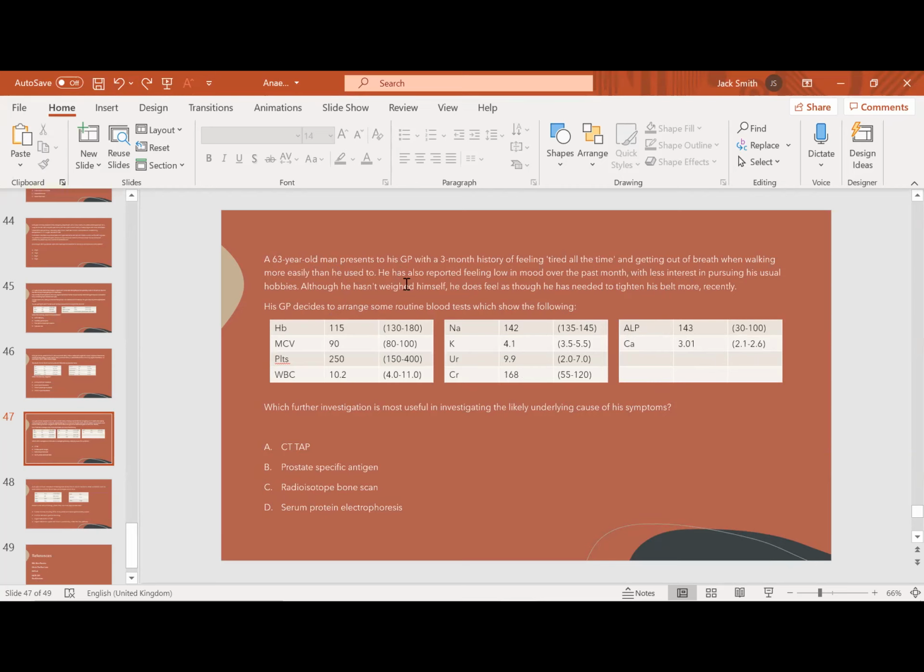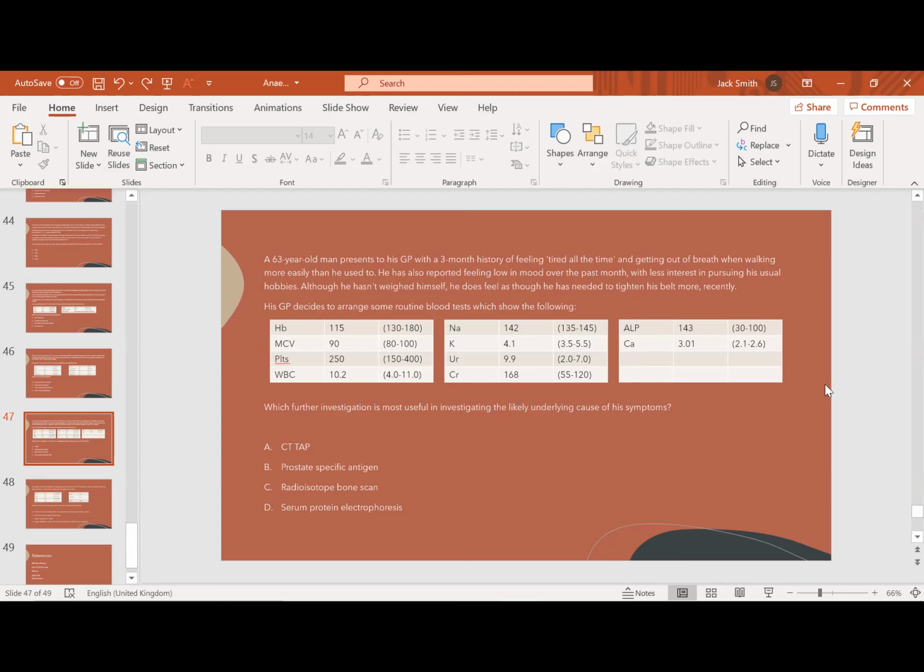If you can get that, the hypercalcemia and the renal dysfunction and the anemia is pointing towards multiple myeloma. So this depression as well, hypercalcemia often can cause depressive symptoms. So all of these things, and obviously these are symptoms, the tired all the time is symptomatic of anemia.